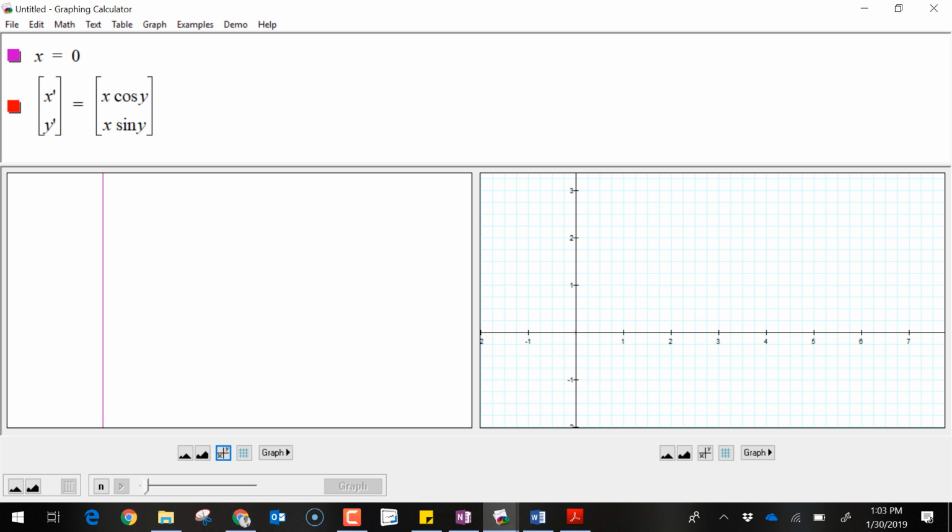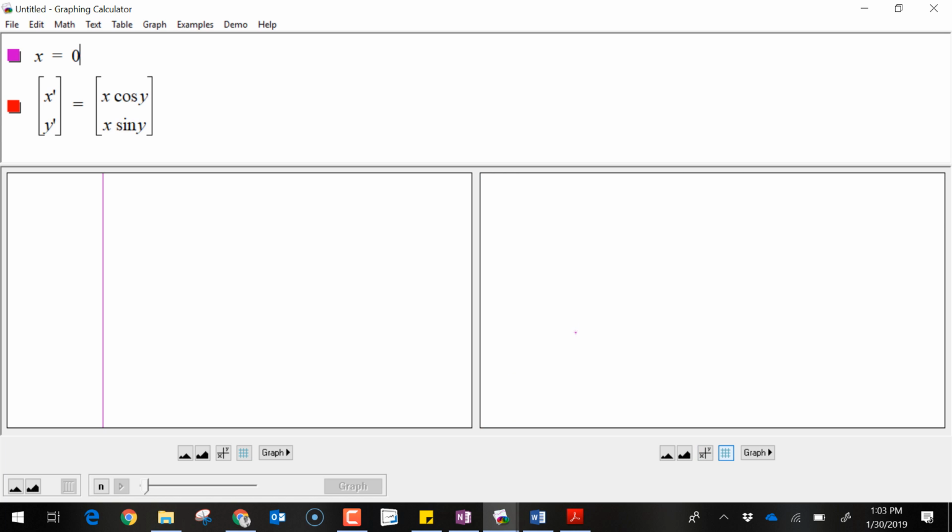R is 0 means that this whole thing is going to be 0, 0. So what happens is that this whole line collapses into one point over here that you can't see. If I take out the, oh, there it goes. See that little dot? So that whole thing collapses into there.